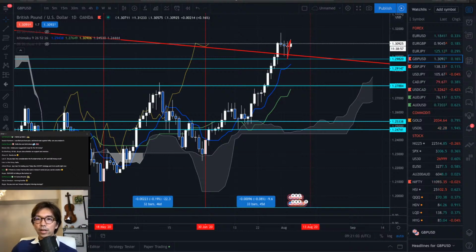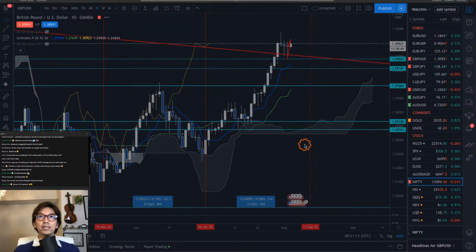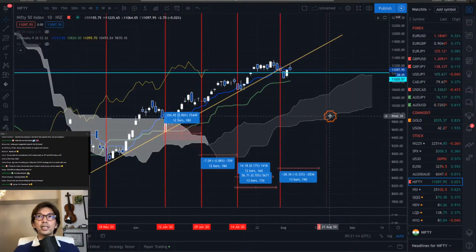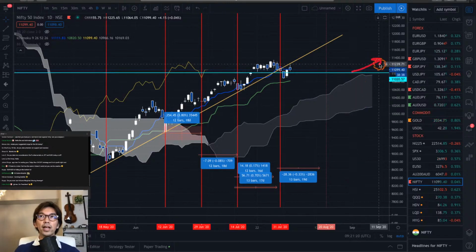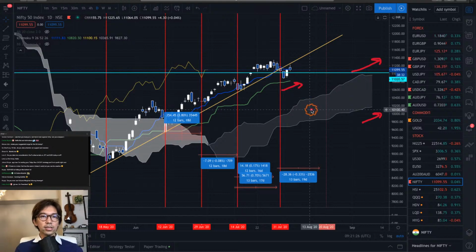I see that you have put a red trend mark against the Nifty. Can you analyze it? Yeah, Nifty, I was going to talk about tomorrow, but just briefly touching on this. Nifty is still uptrending on the daily chart. Right, the Kumo is moving up. Senkou Span A is slightly moving up, B is slightly moving up, and Kijun Sen is also slightly moving up now. This is not a strong uptrend, but this is still a decent uptrend to me.